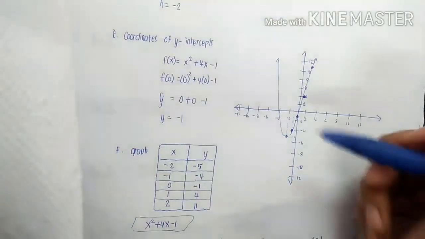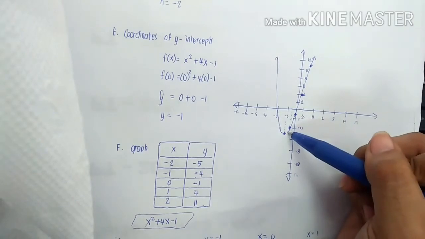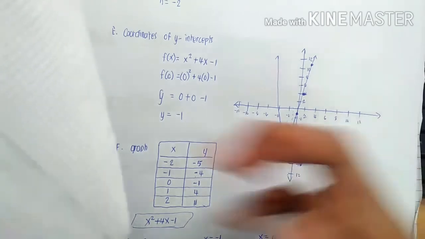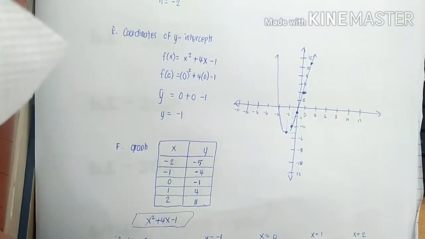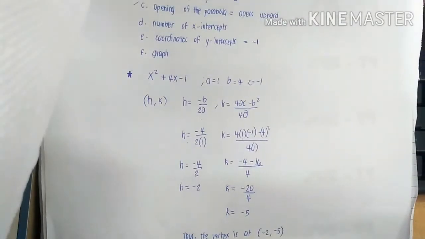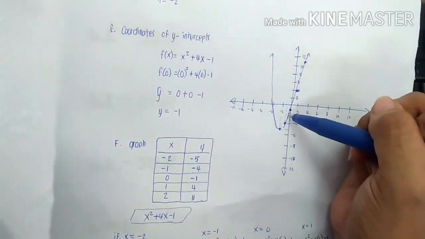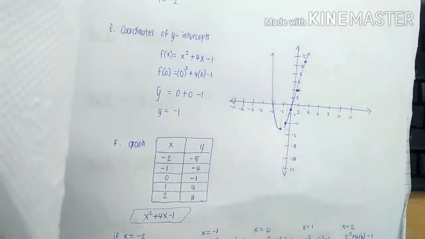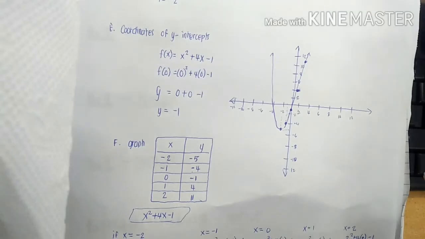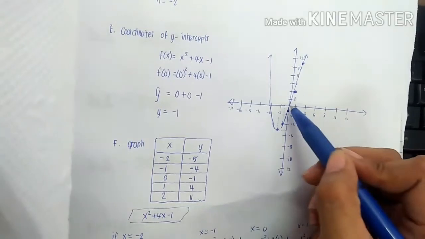So try to look at the x-intercepts. How many times does the graph cross them? Okay, number of x-intercepts. So try to look at the graph. It touches twice. So we can say that the parabola has two x-intercepts. So this one and this one.